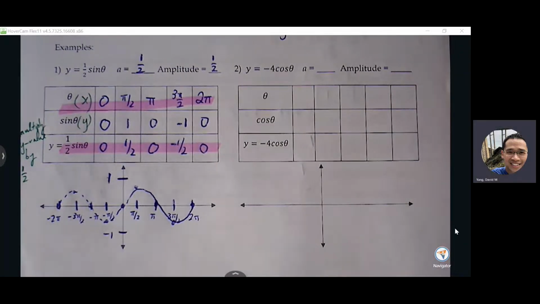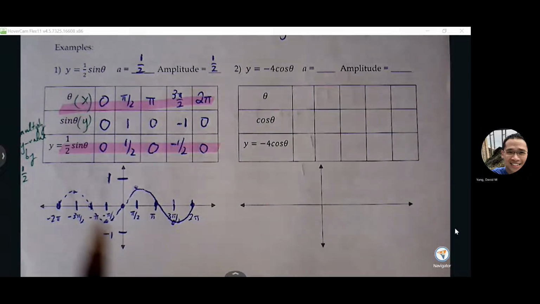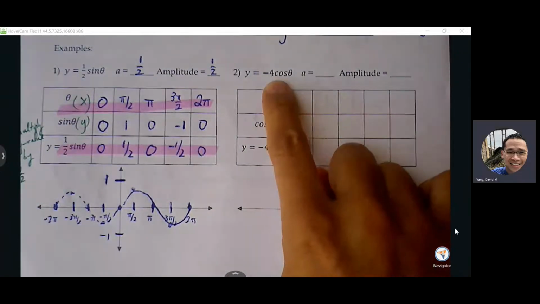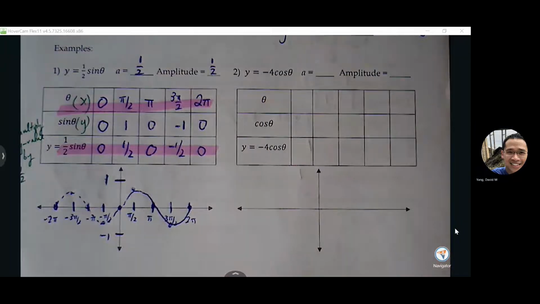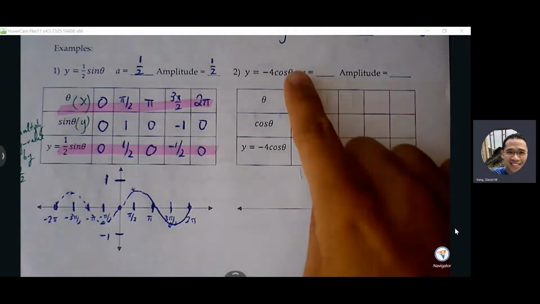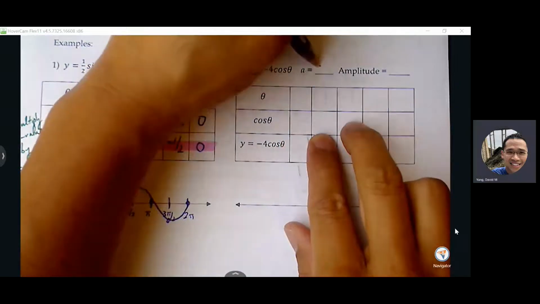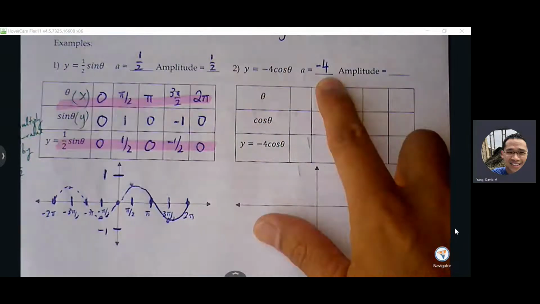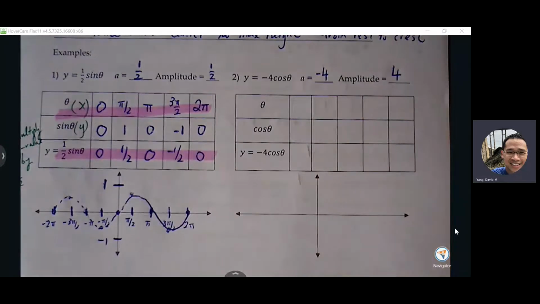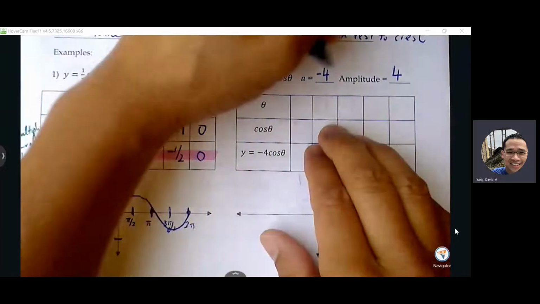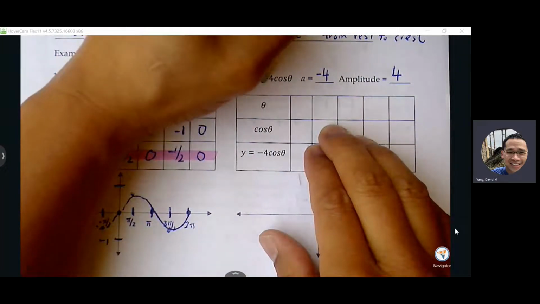Okay, any questions so far? Okay, so -4 cosine theta. Okay. What's my a value? -4, but my amplitude is just what? 4. Okay, so amplitude is always going to be a positive number. Does anybody know what this negative is going to do to the graph?